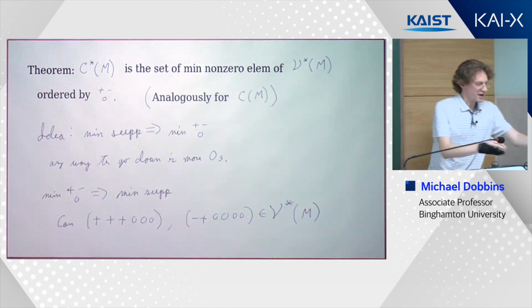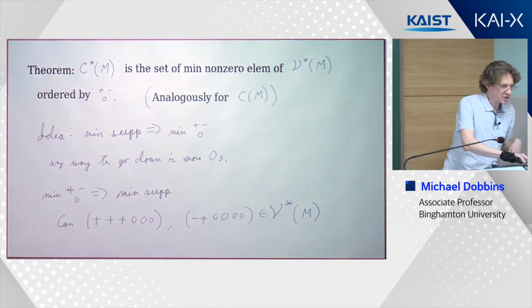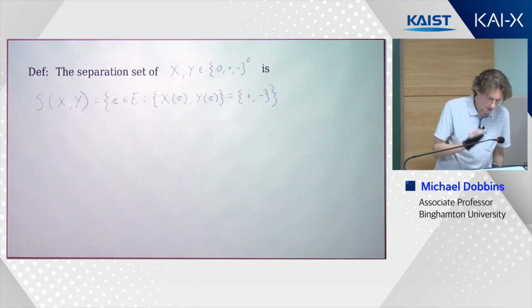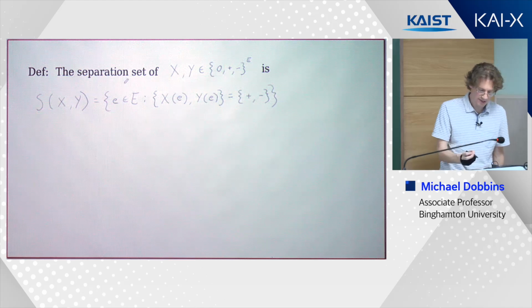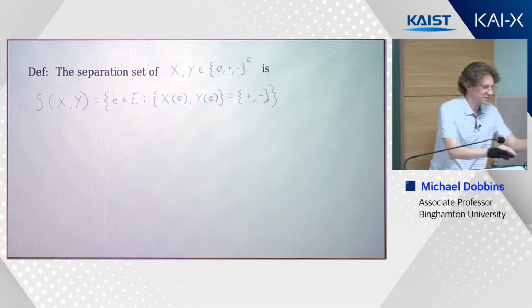So why we can't have that is we can use an idea based on the separating set. If we have two vectors, we can look at the separating set as the set of positions where they contain both signs: one is positive and one is negative.